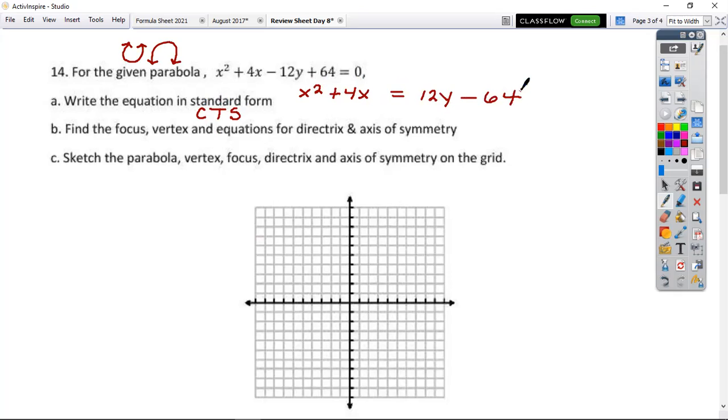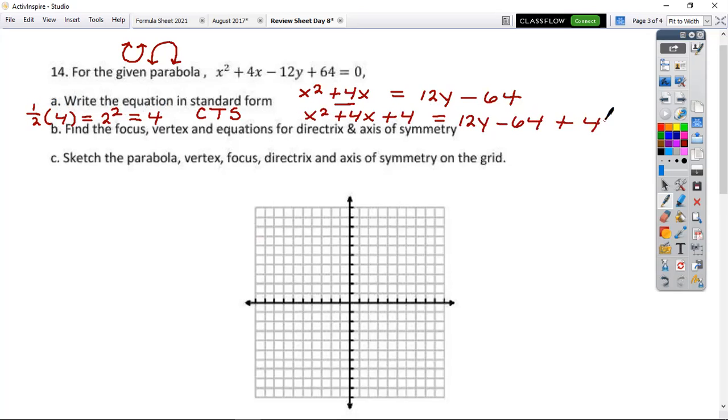Now you're going to do completing the square. So I'm going to take this 4 right here, take half of it, and then square it. So that is equal to 4. So I get x squared plus 4x plus 4 equal to 12y minus 64 plus 4.